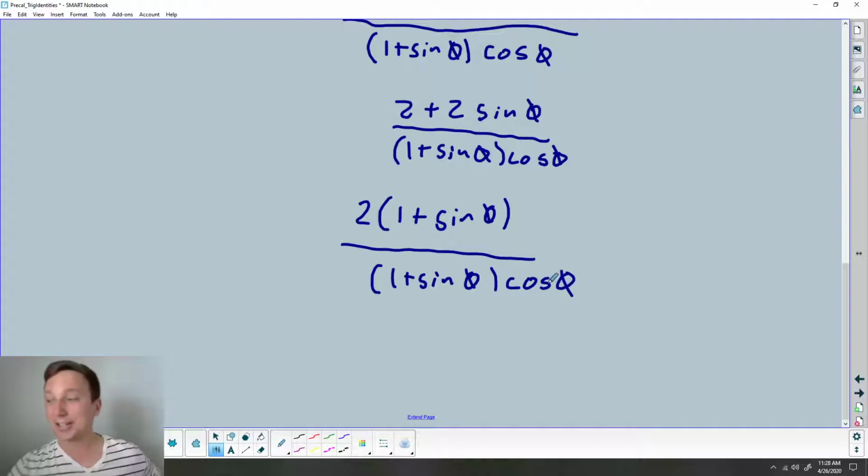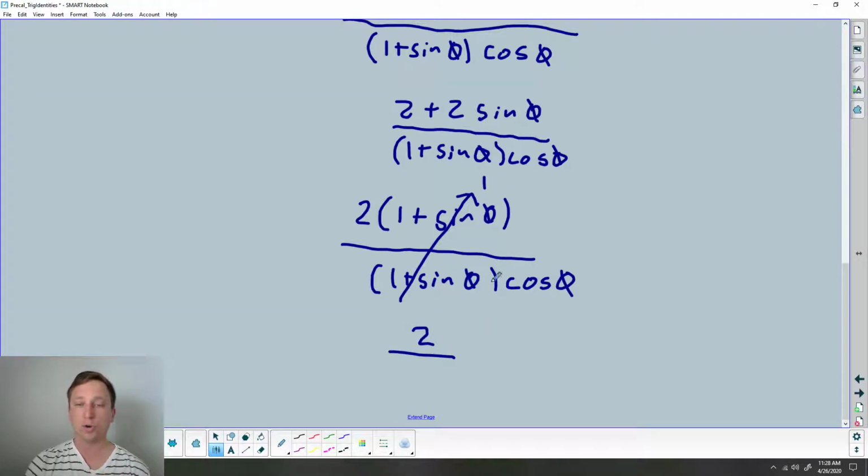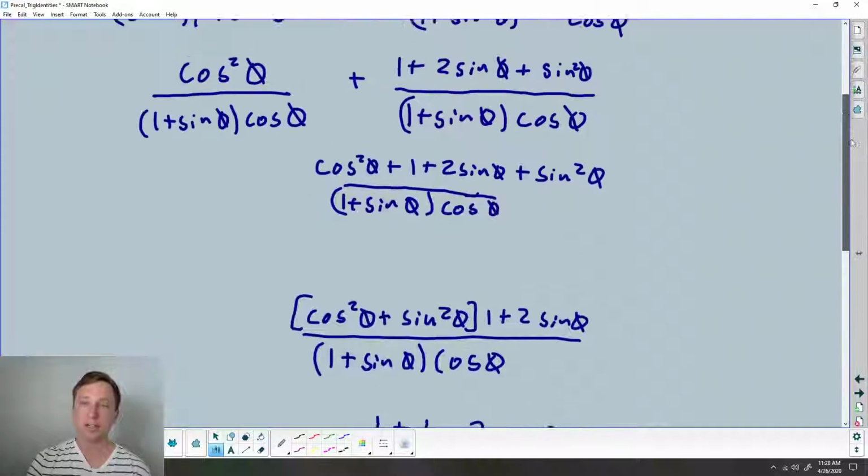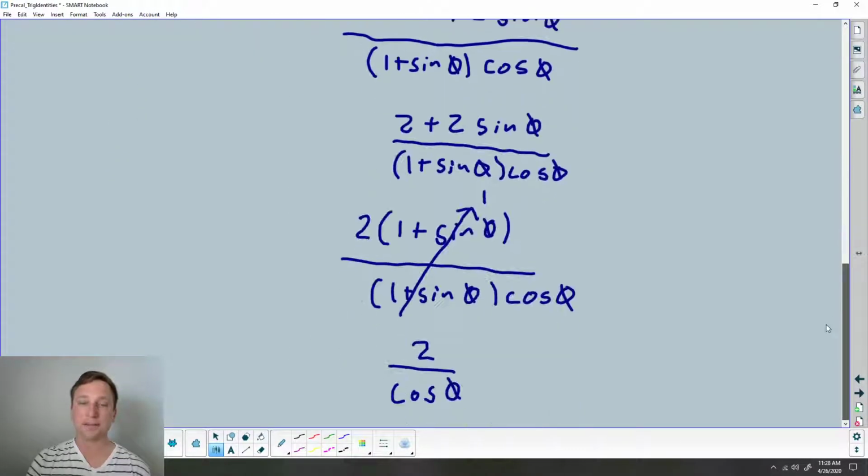Now we see that we have this common factor in the numerator and denominator that we can reduce to 1. 1 plus sine theta divided by itself is 1, and what we're left with is 2 times 1 over 1 times cosine theta, because this term reduced. So 2 over cosine theta, and I believe that's what we're looking for. 2 over cosine theta. So there we have it.